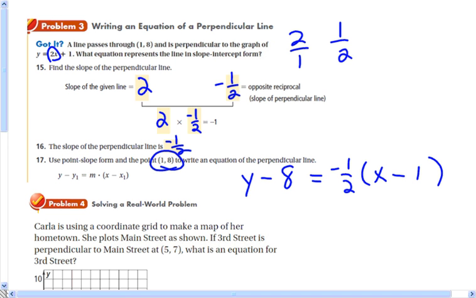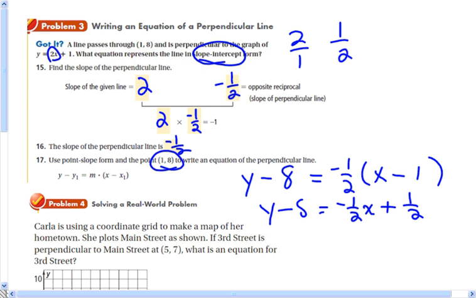Now, the directions said we want that in slope-intercept form. To get it in slope-intercept form, let's just use the distributive property here. Negative 1/2 times x is negative 1/2 x, and negative 1/2 times negative 1 is positive 1/2.